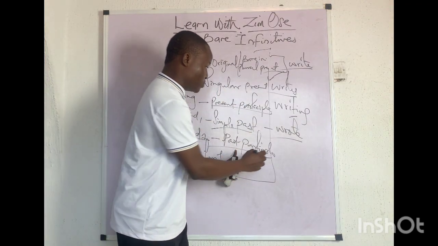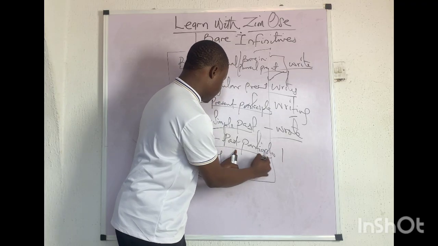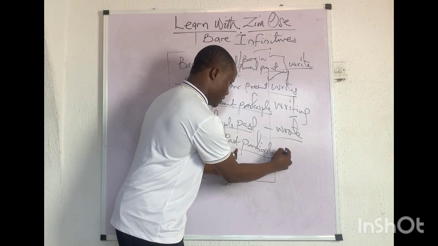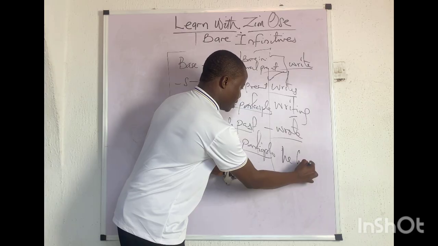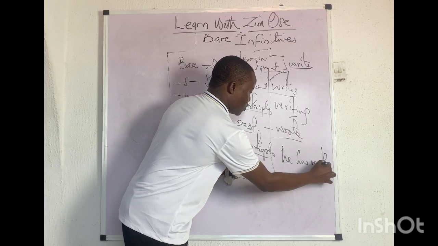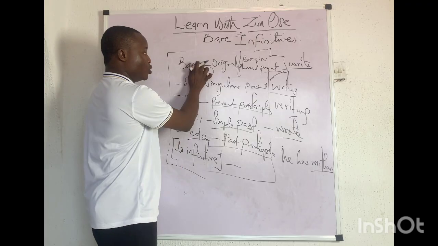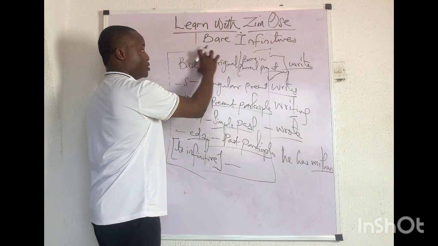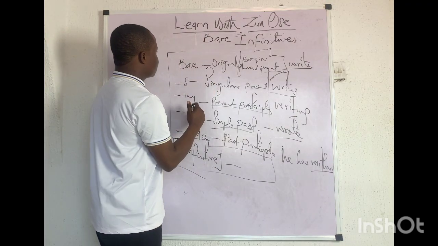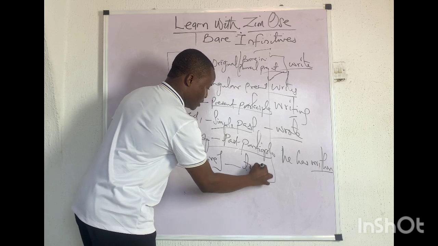When you have past participles, then you have auxiliaries. For instance, he has written. So we have written as a past participle. To infinitive is to plus the base verb, which is to write.